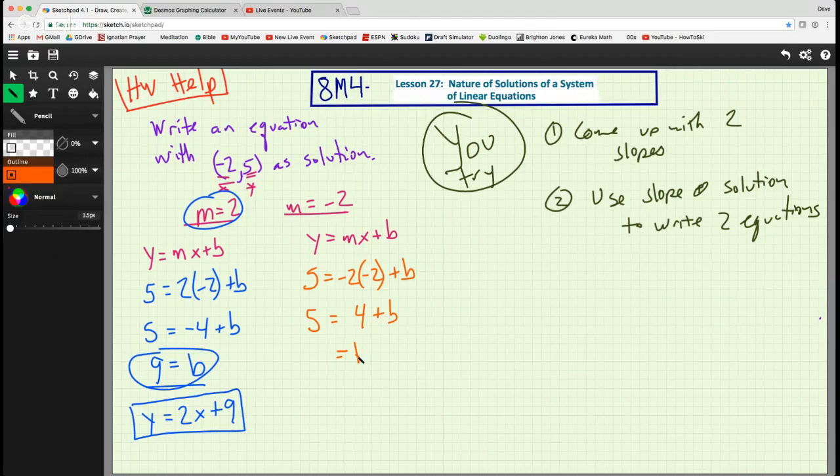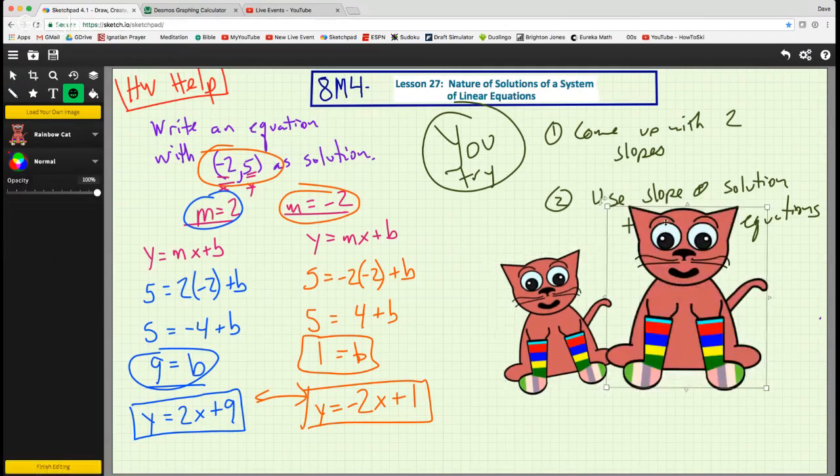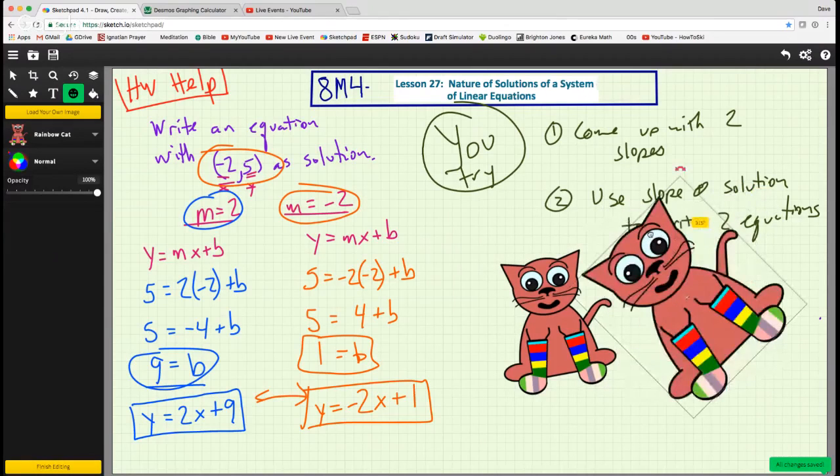B equals 1. B is 1, m is -2. Y equals -2x plus 1. And we have a system of equations with a solution of -2, 5. And with that, I'm going to go with a spinning happy cat.